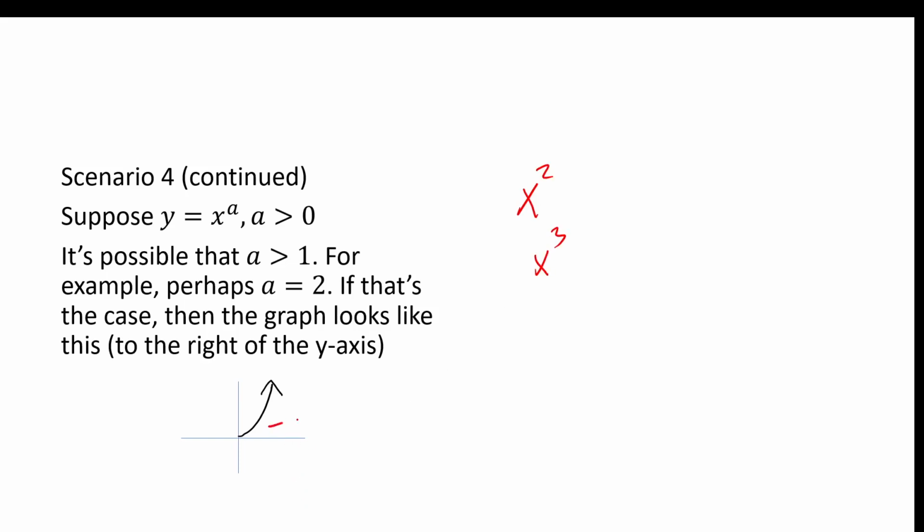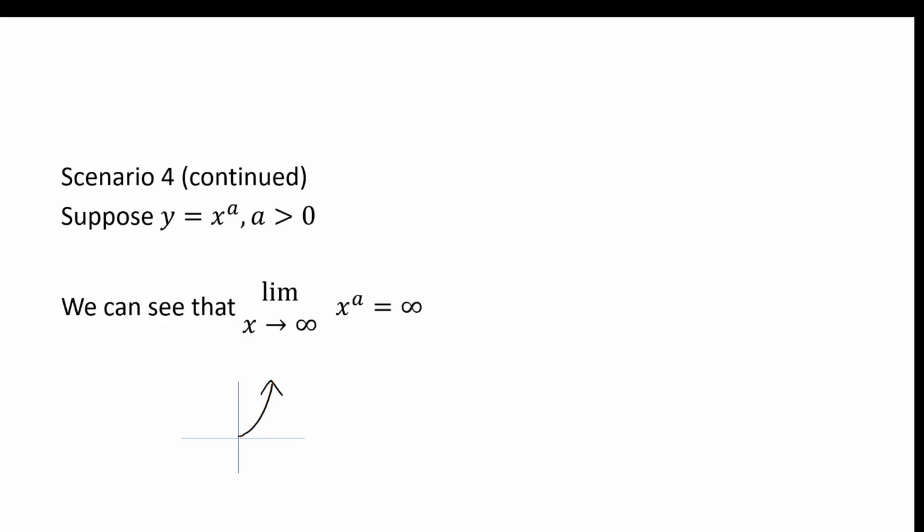Well, as we go to infinity, we might not know necessarily what's going on the left side of the y-axis, but to the right of the y-axis, no matter what, x squared, x cubed, x to the 4, etc., the function goes up like this, and so we learn that in polynomial functions. So as we go infinitely far to the right, our y value is going to go infinitely high.